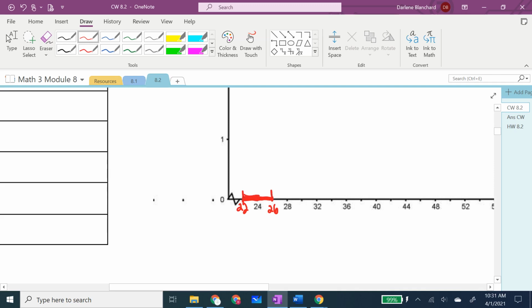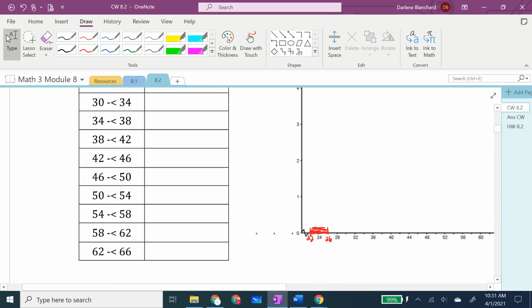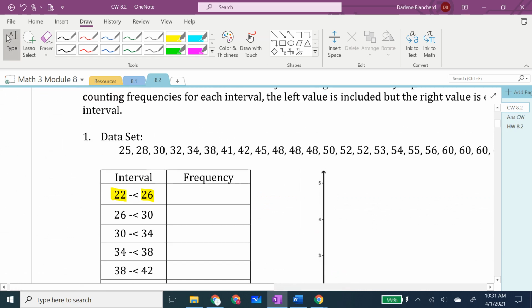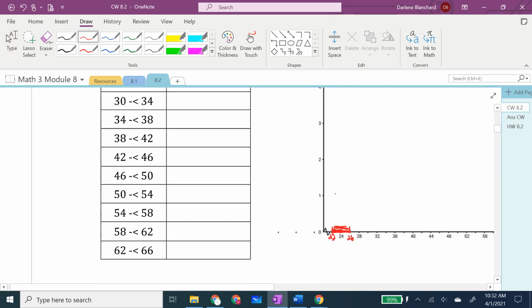And then from there, I'm going to bring that up to the quantity. So there is only one data item between 22 and 26. So that means that I am going to put that line at 1 to cover the 22 to 26. And you can shade or not shade, and then just keep doing this.